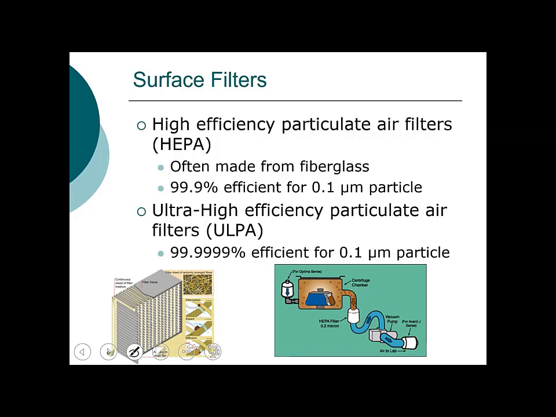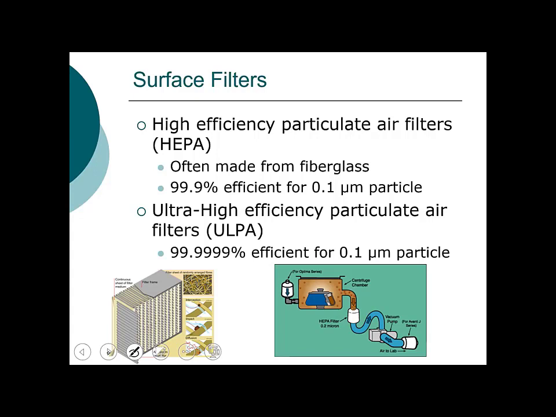They're being used or promoted for use in schools, for instance, to control aerosol levels in rooms, especially in terms of COVID. They can also be used for removing radioactive material, toxic particles, and microorganisms, as I've just mentioned.